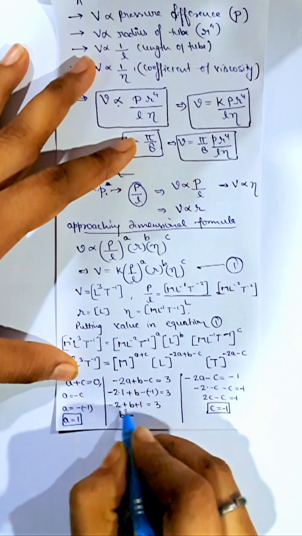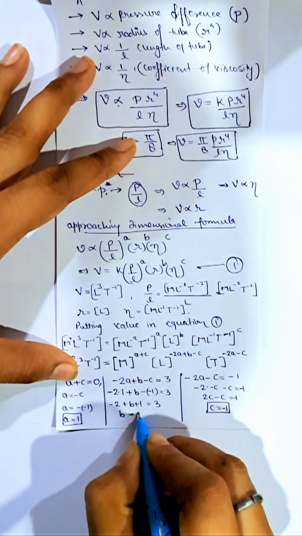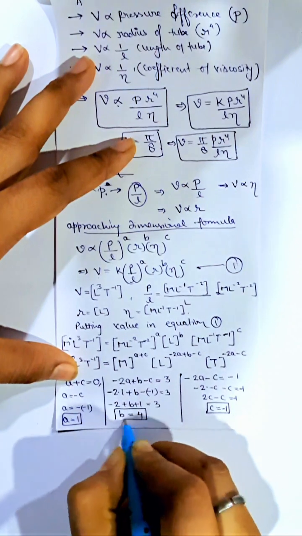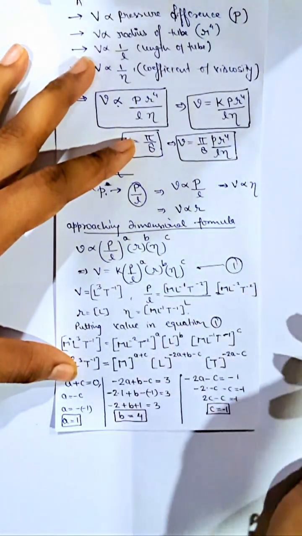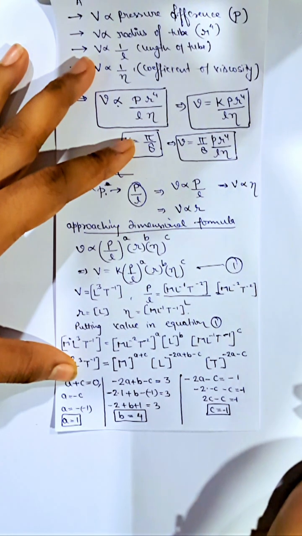Solving this, it is minus 1 and this will go there, and the value of b is minus 1 plus, that will be 4. So we are getting a is equal to 1, b is equal to 4, and c is equal to minus 1.